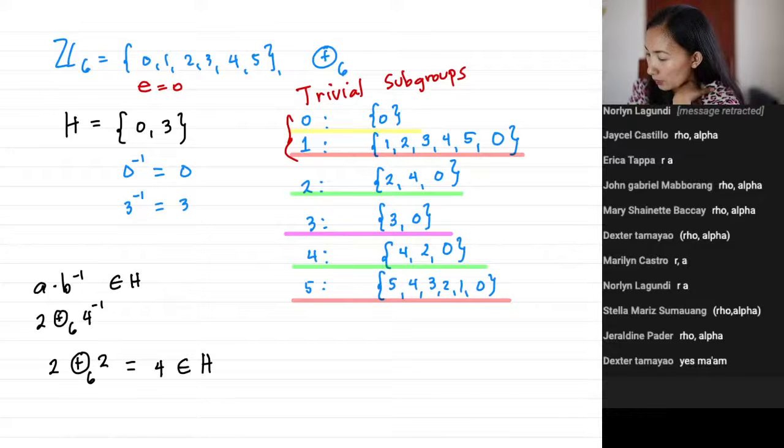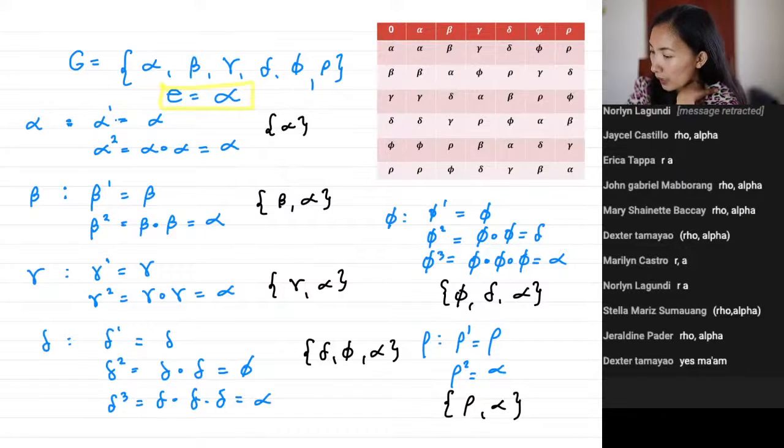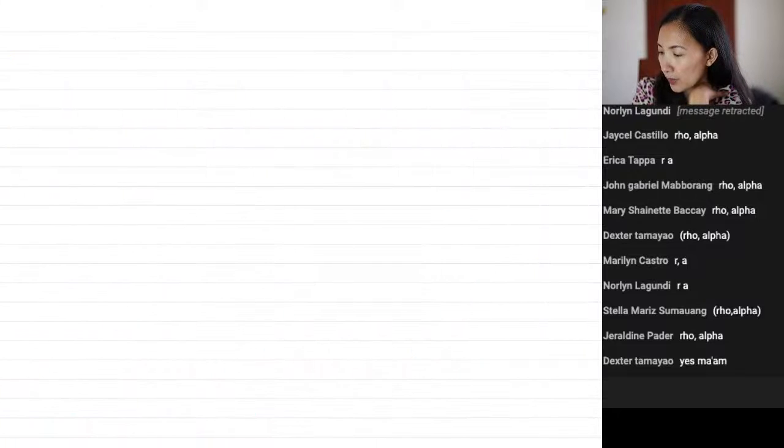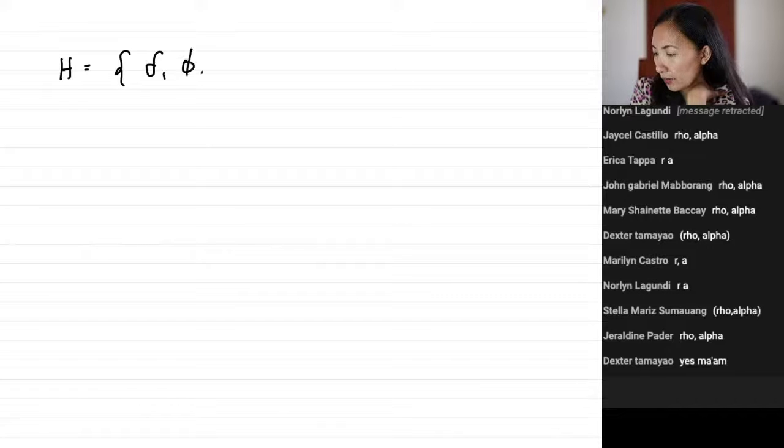So let's go back to that. I will get this group, delta, phi, alpha. Don't forget, let that be H. One group is delta, phi, and alpha.